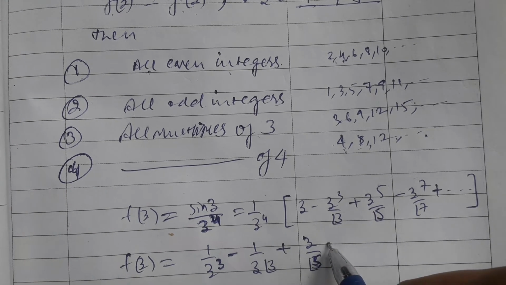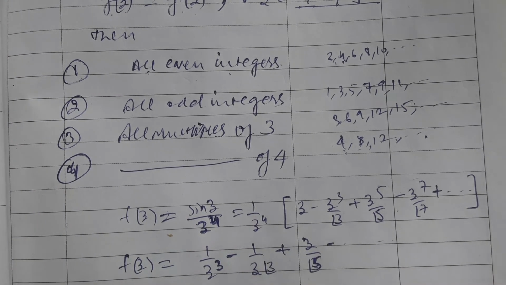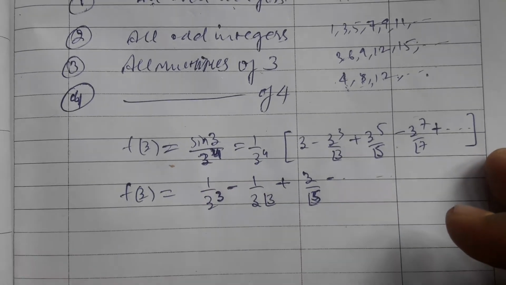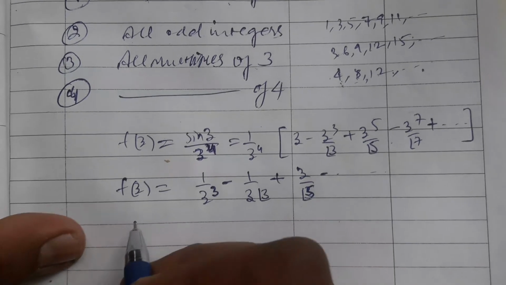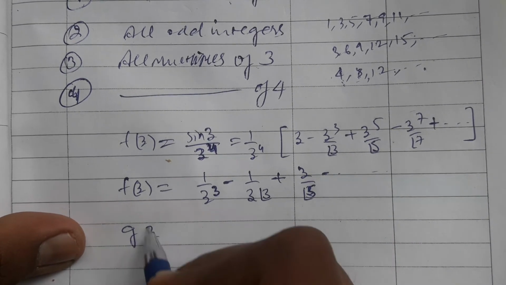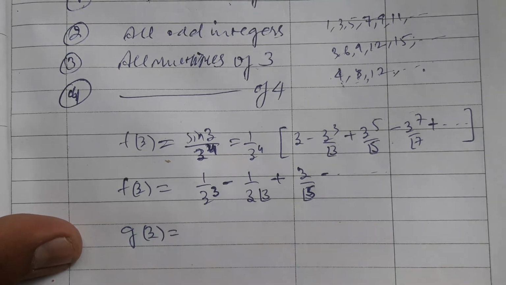Now I have to construct g of z. Be careful about how I construct g of z, since g of z is nothing but a function whose derivative is f of z.